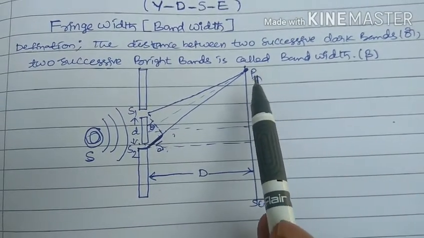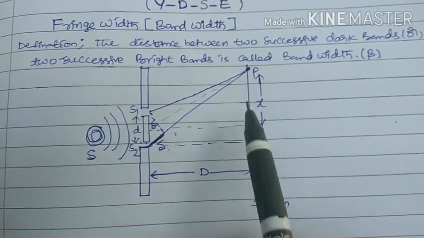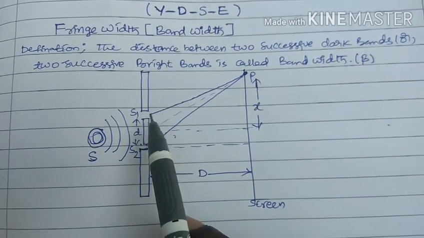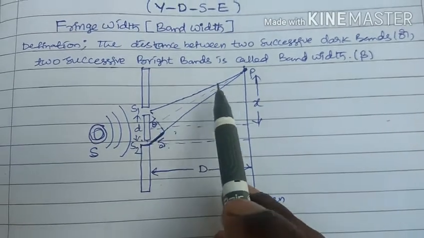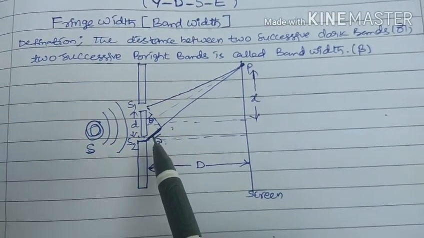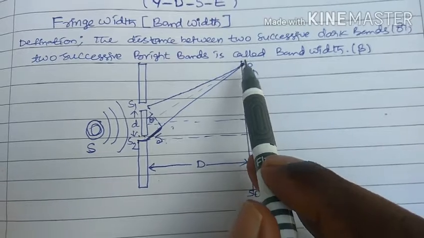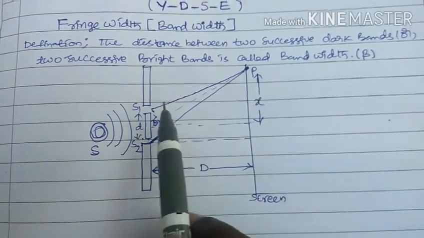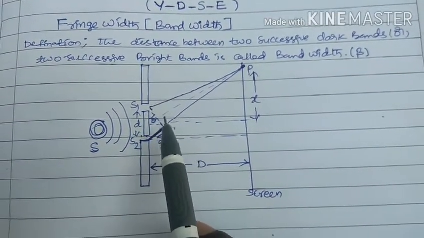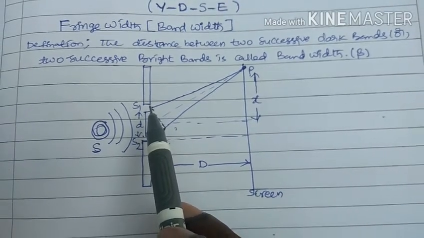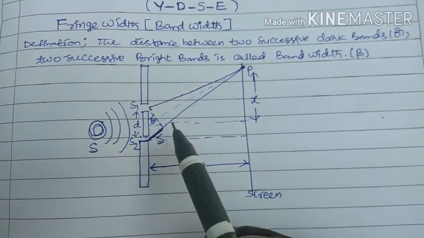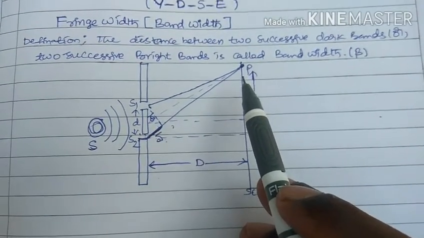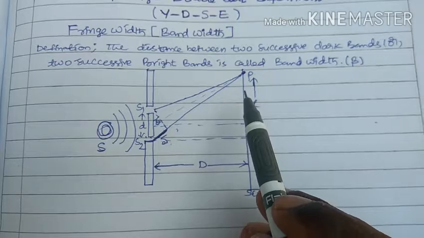Consider a point P on the screen. When the trough of the wave from S1 overlaps the trough of the wave from S2, a bright band is formed. Similarly, when the crest of the wave from S1 overlaps the trough of the wave from S2, a dark band is formed.